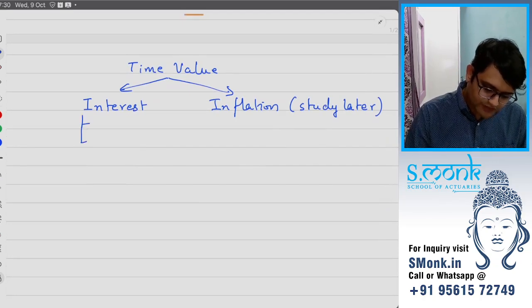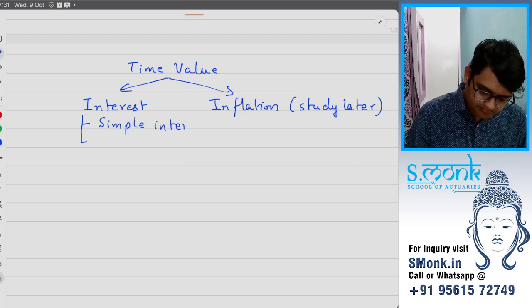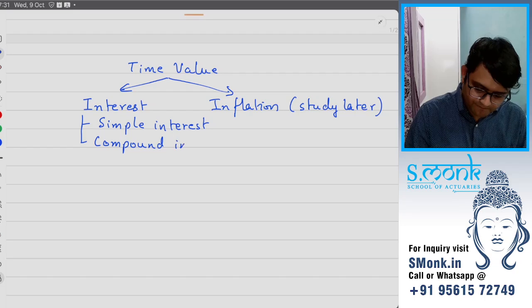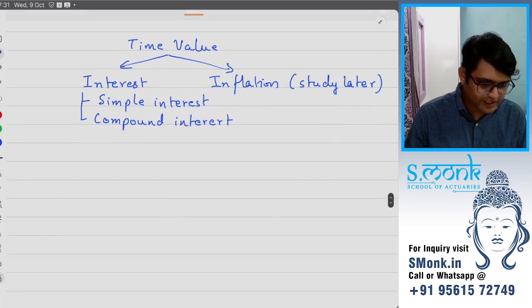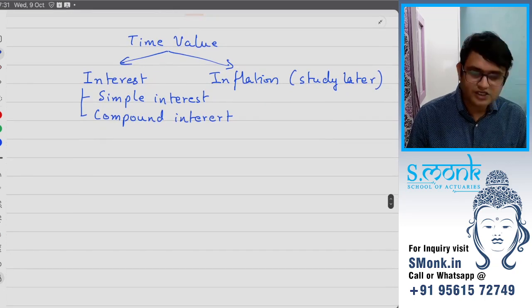We have two types of interest. We have simple interest and we have compound interest. Is there anybody who is learning interest rates for the first time?